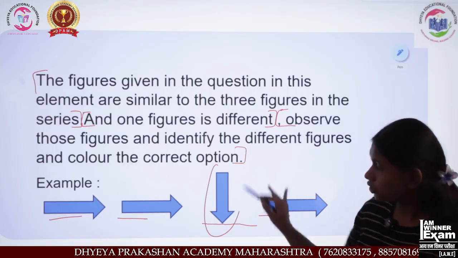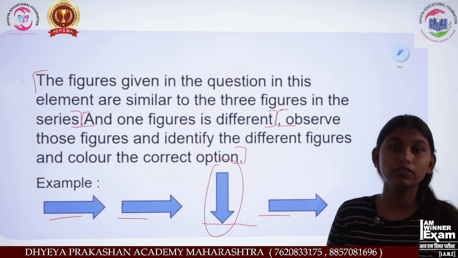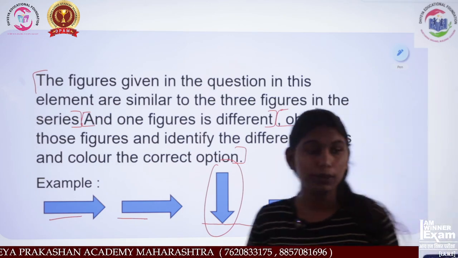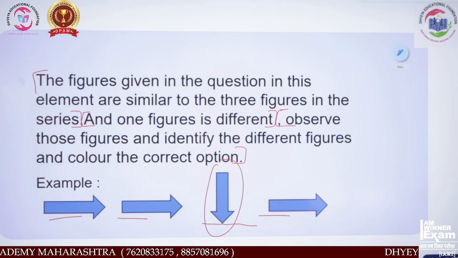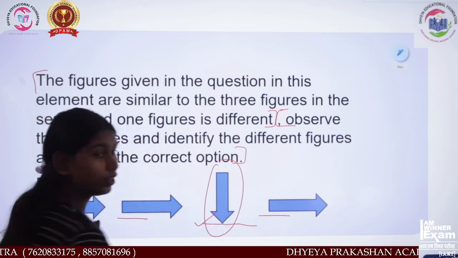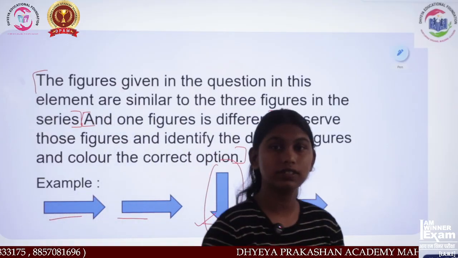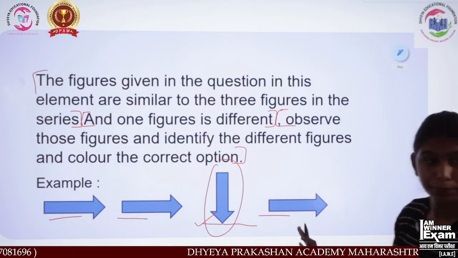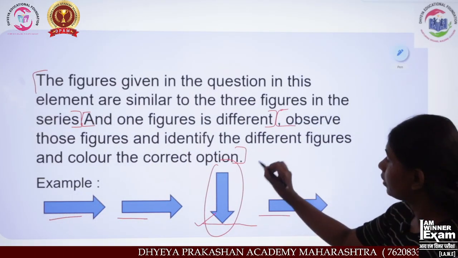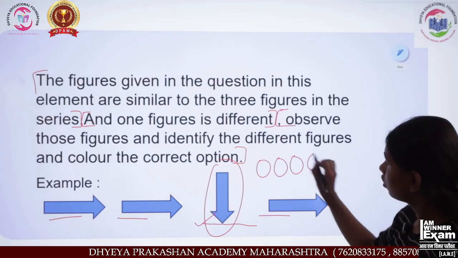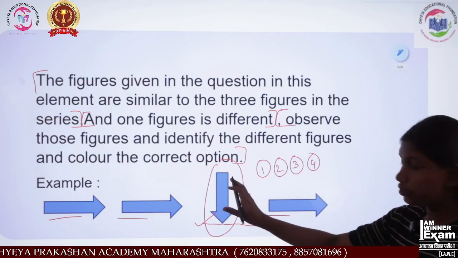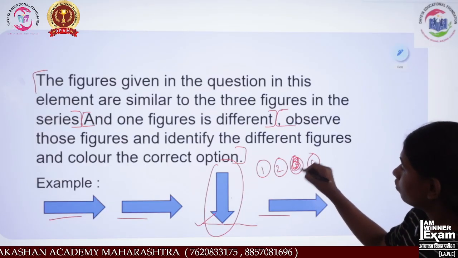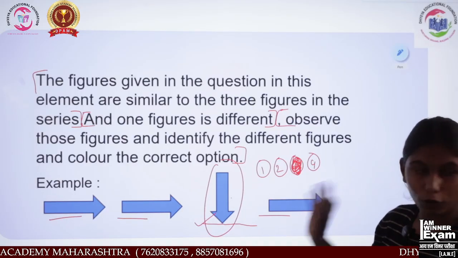But the one which is here is different from these three. Then you have to circle this figure. In the exam it will be like 1, 2, 3, 4. So the third figure is different, so you have to color the third option.